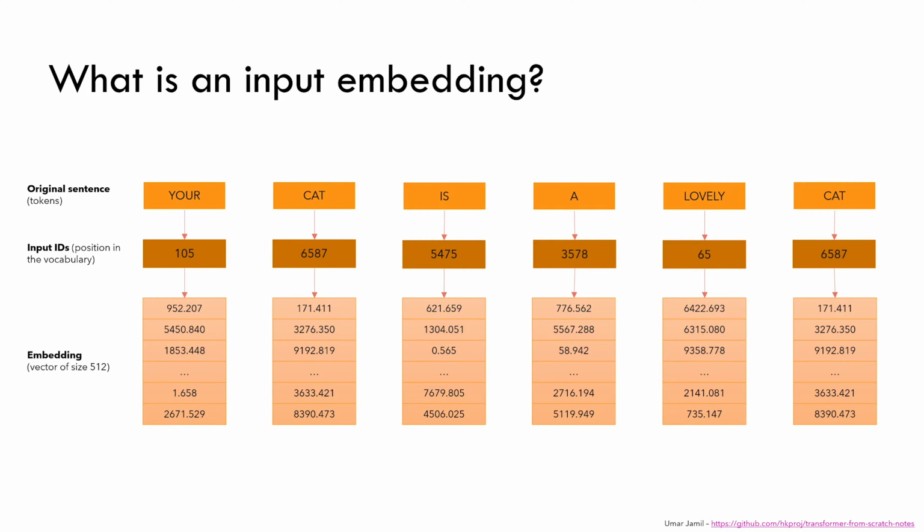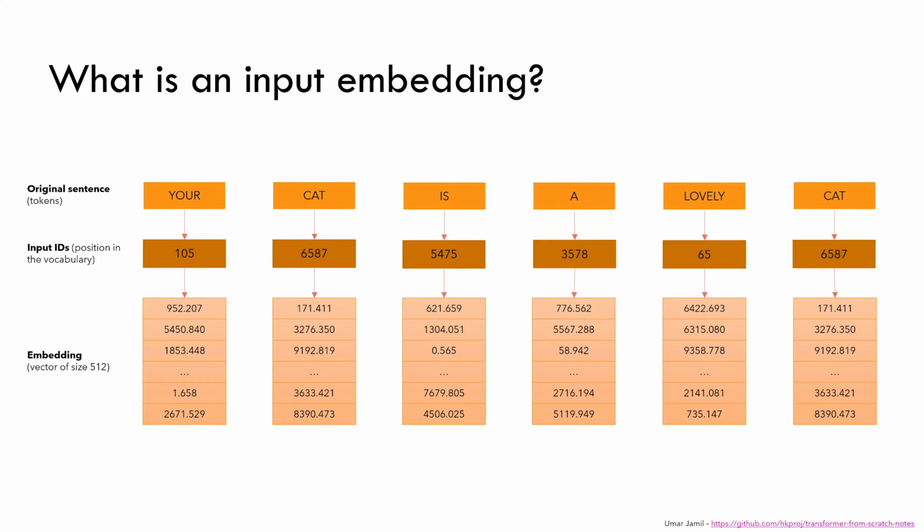And each token is then mapped into its position in the vocabulary. The vocabulary is the list of the words that our model recognizes. They don't have to be words, of course. They could be anything. They are just tokens. So each token occupies a position in this vocabulary, and the input IDs indicate the number occupied by each token in the vocabulary. Then we map each input ID into a vector of size 512 in the original transformer, but in LLaMA it becomes 4096.